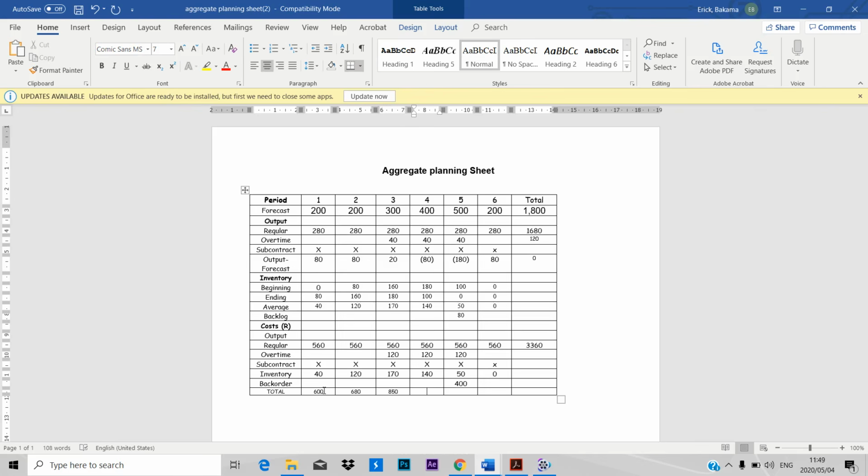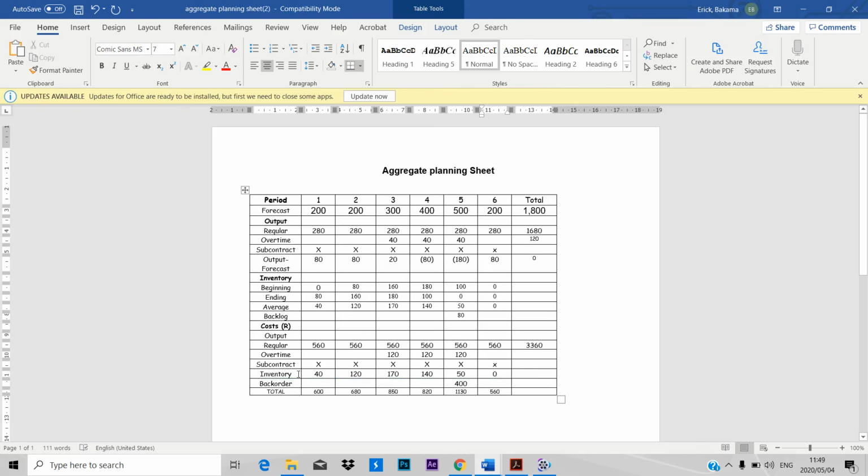Then we have 560 plus 120 plus 140, which gives us 820. Then we have 560 again plus 120 plus 50 plus 400, which gives us 1130. And then the last row is just 560.